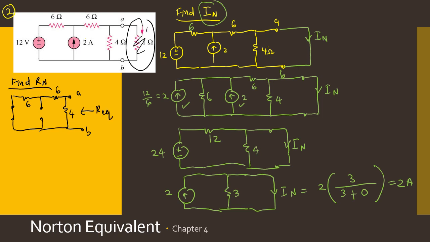You need to find R equivalent. R equivalent is equal to R Norton, which is also equal to R Thevenin, right? So 6 and 6 are in series, you can add, and then parallel with 4, and you will get 3 ohms.